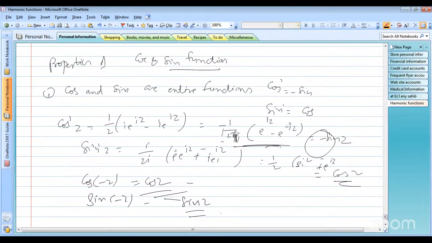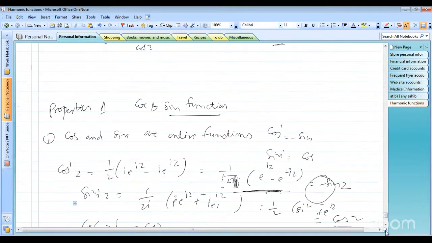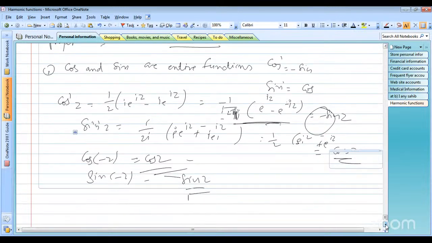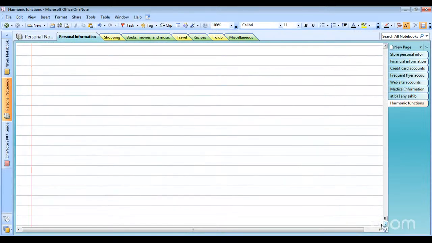We know that sin z takes the subtraction and cos z takes the addition of the exponentials. We know that cos square theta plus sin square theta is equal to 1. So cos square z plus sin square z is equal to 1.